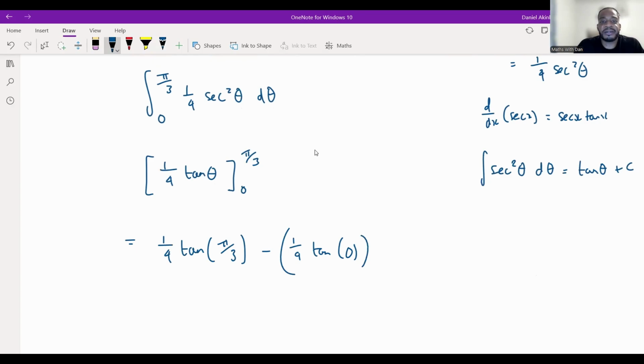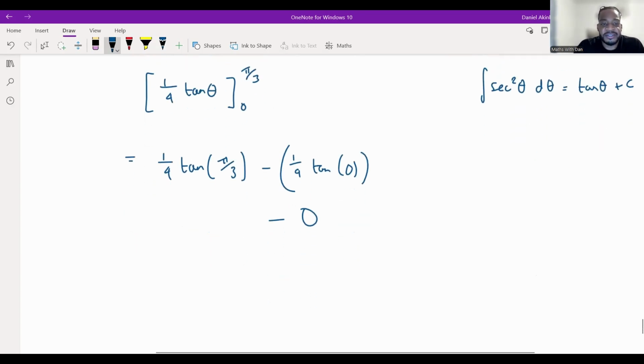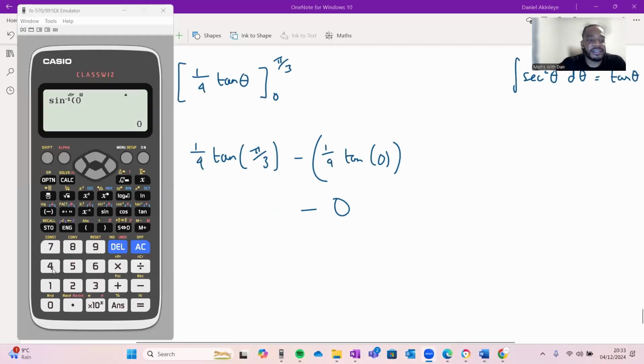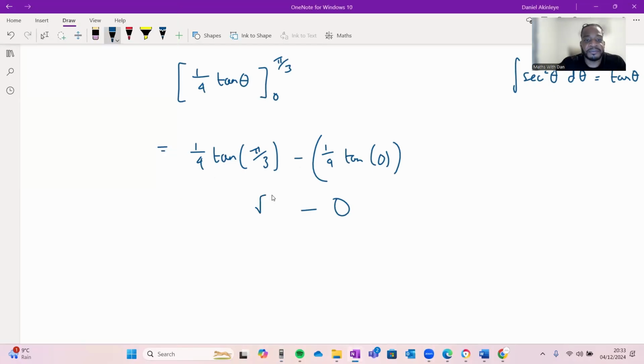Now I know that's 0, I don't need a calculator for that. I need a calculator for the other one though. I don't know what that is. Where's my calculator? It's over there. A quarter tan pi over 3, tan pi over 3 is root 3, over 4. So therefore the final answer is root 3 over 4.